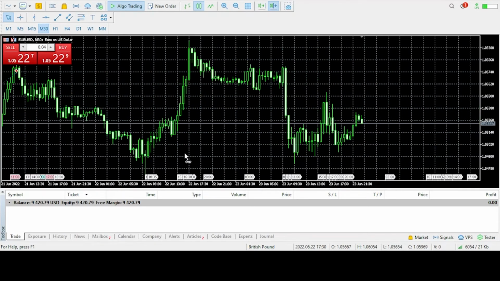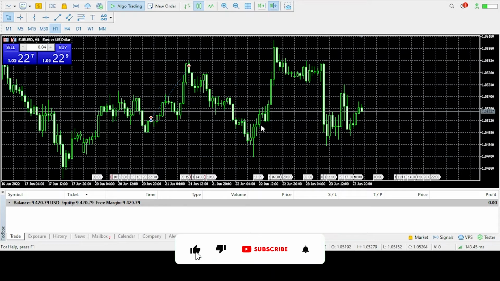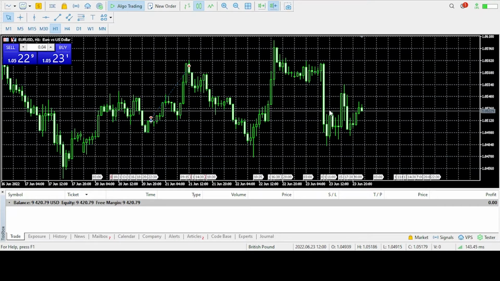It's going downwards. On the H1 chart, as you can see here, it went up, down, up, down again, and now it's going to come down. So this helps you make judgments or analyze the chart in a better form.